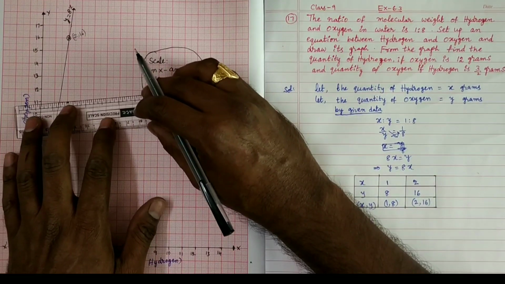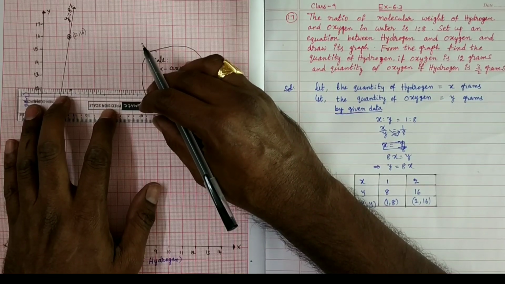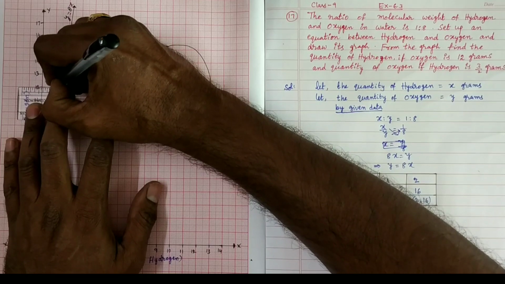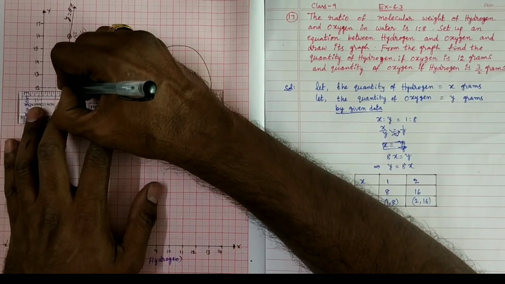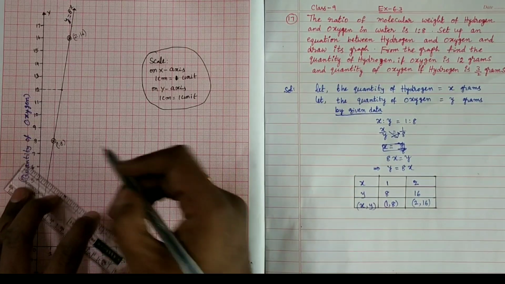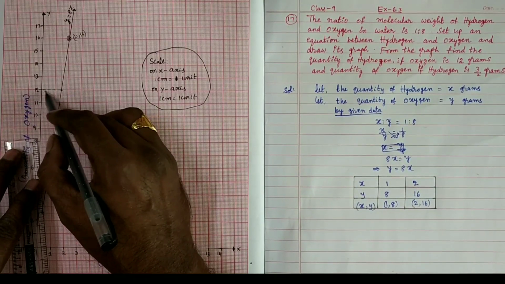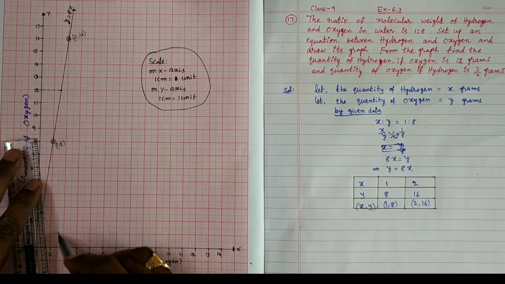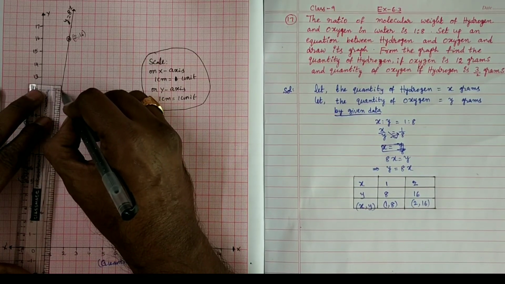Oxygen 12 grams is this point. Take a dotted line up to the equation line, and from this intersecting point draw a perpendicular line to the x-axis.